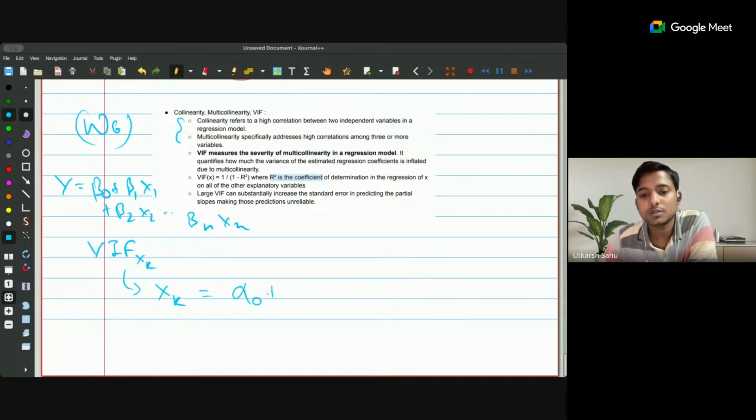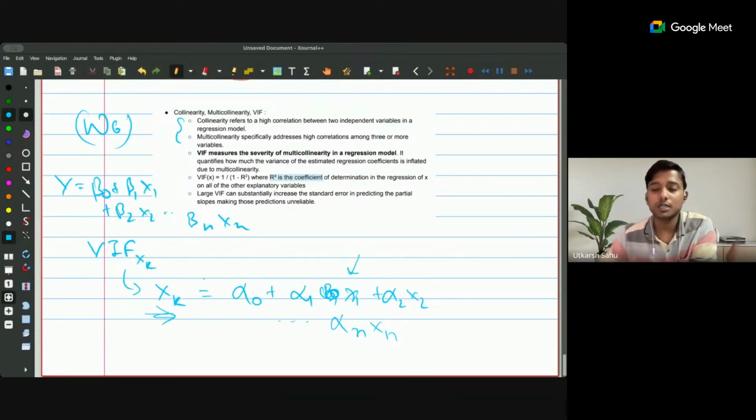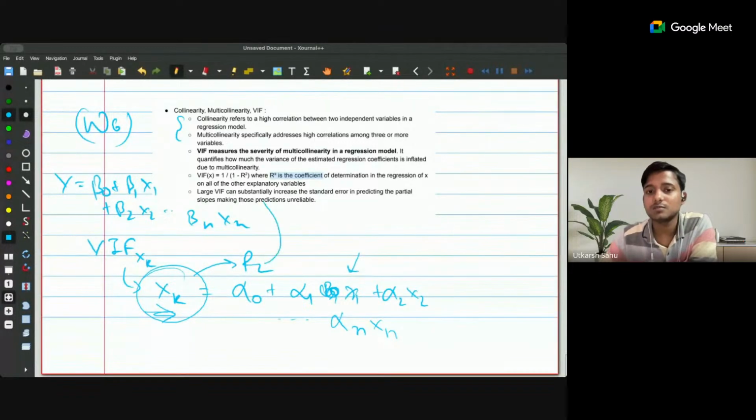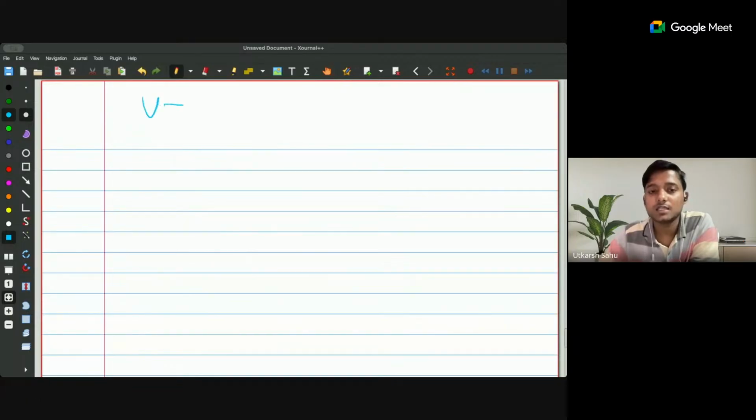Let's say alpha 0 plus alpha 1 x1 plus alpha 2 x2 and so on up to alpha n xn. Here you will not have this kth variable. So basically you are trying to make a model for your input variable using the rest of the input variables. So this is very important. And why is it important? The r square of this model is what is being used here. So you should know how to find VIF.